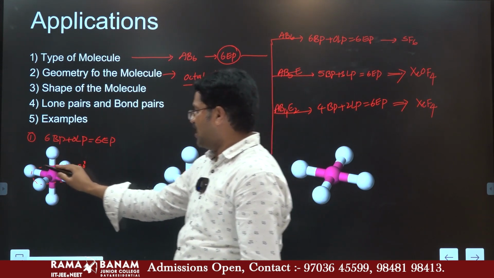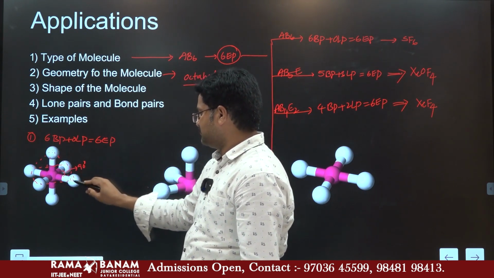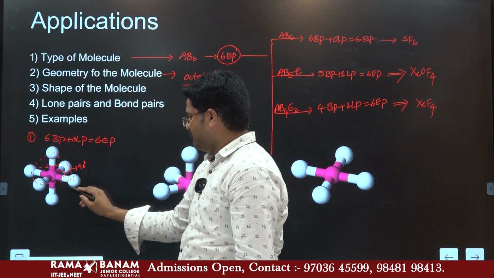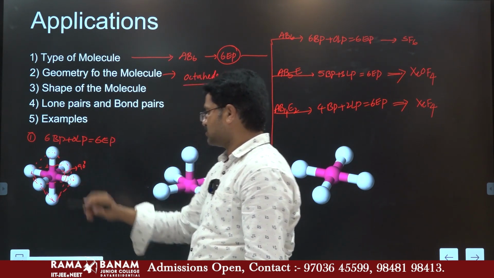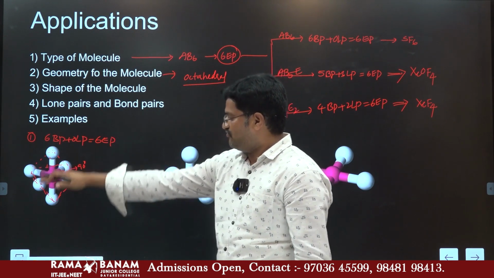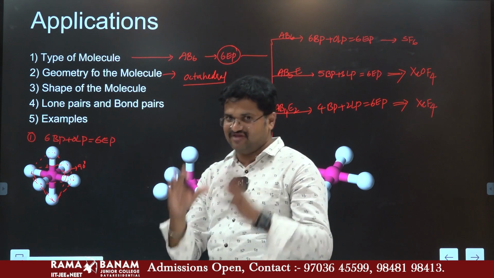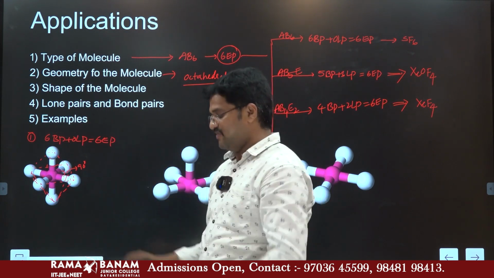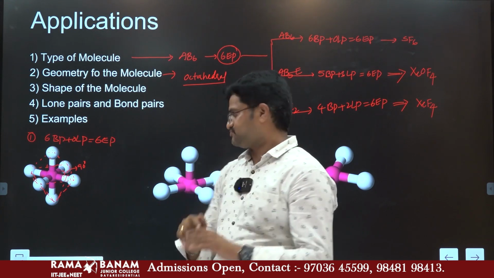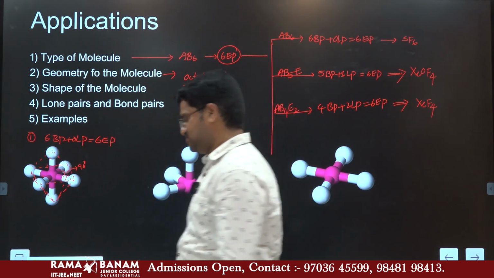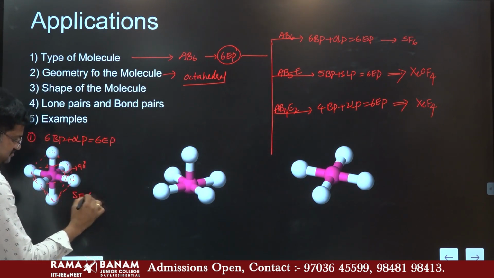The geometry is octahedral. Above the plane 4 faces, below the plane 4 faces, totally 8 faces, but bonds are 6, so the geometry is completely based on faces. Example is SF6.